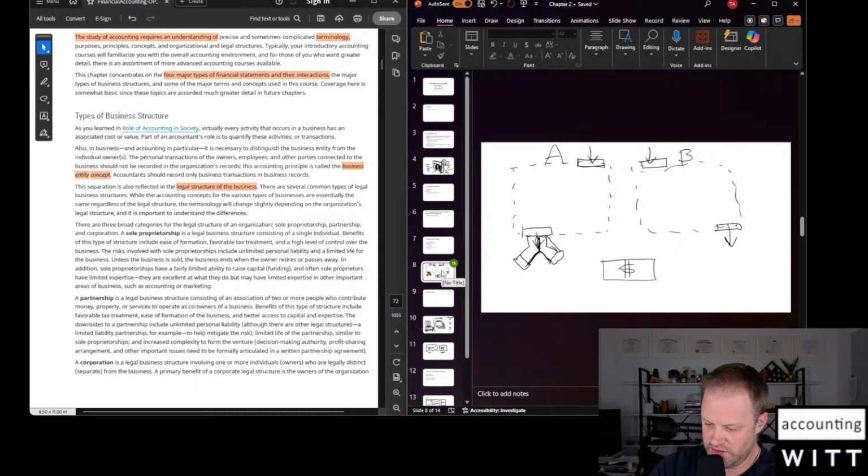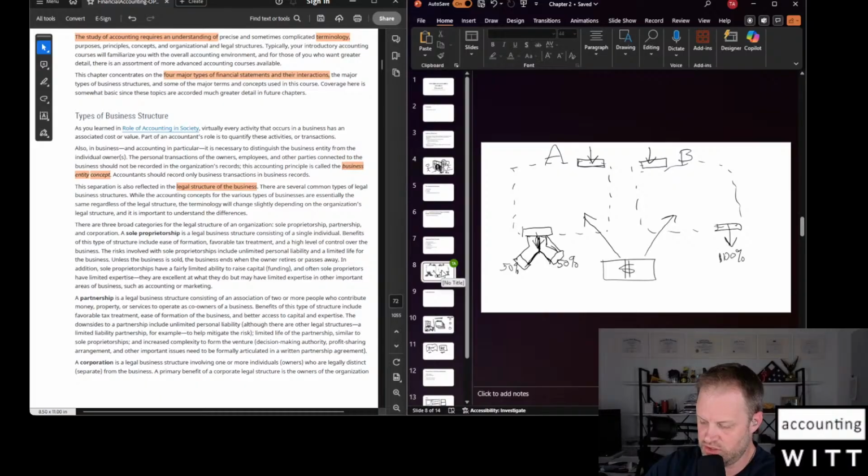There's a split where 50% goes this way and 50% goes this way. Well, if I put the money in A and then it comes out, I'm only going to get half of it. If I put it in B, I get 100% of it.